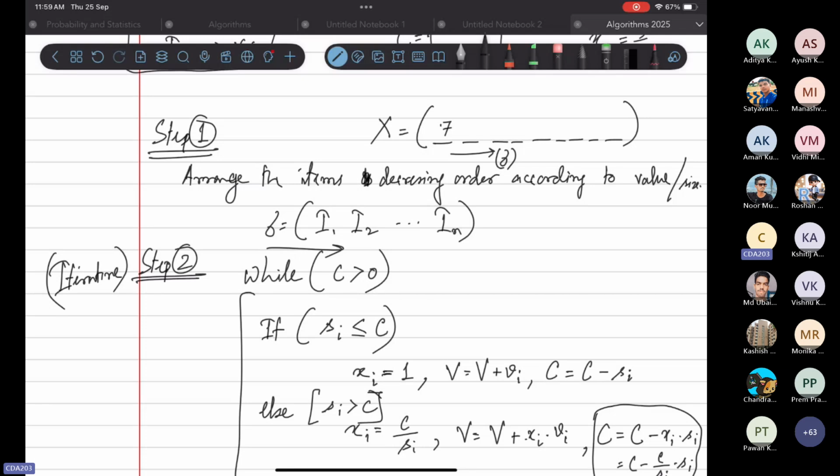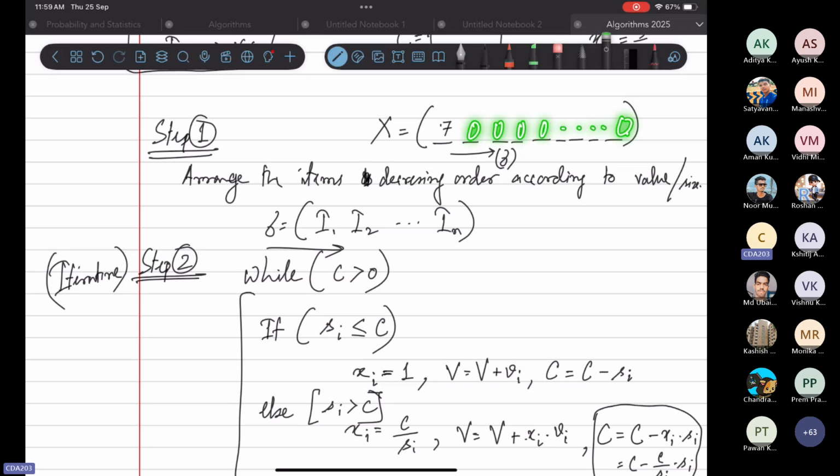No, because why I am choosing some fraction of the most precious item is that it is the remaining capacity. If I choose something more than that, I will be exceeding the capacity of the knapsack. If the first thing is some fraction, then everything else has to be zero. I'm not choosing anything else.